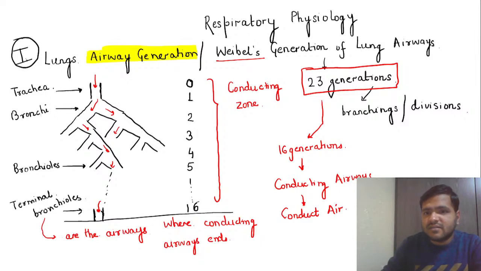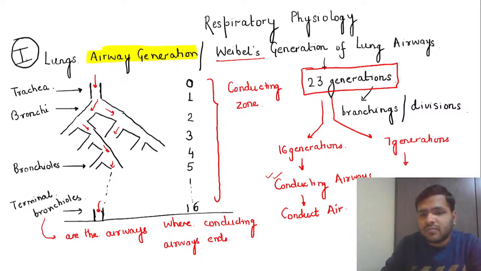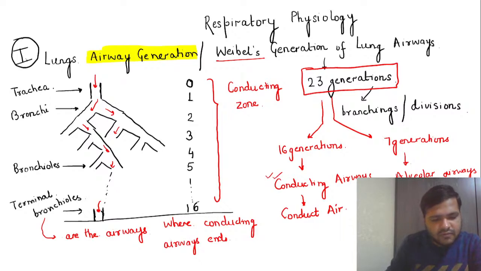We have 16 generations called the conducting airways, which conduct the air, and we have 7 generations, the alveolar airways, which are the useful airways. Vikas, very good.